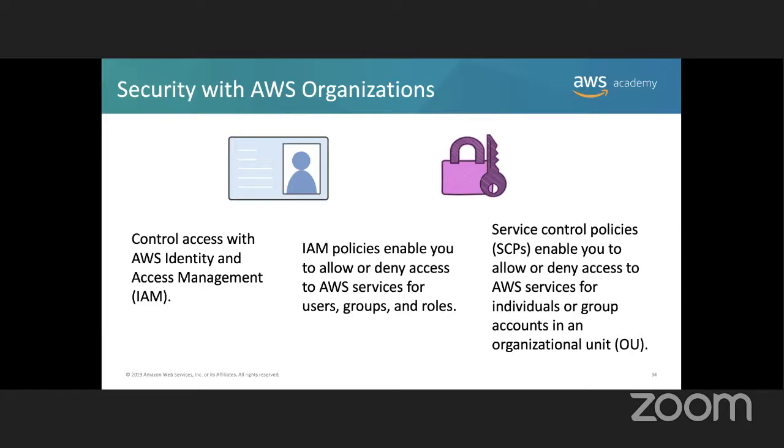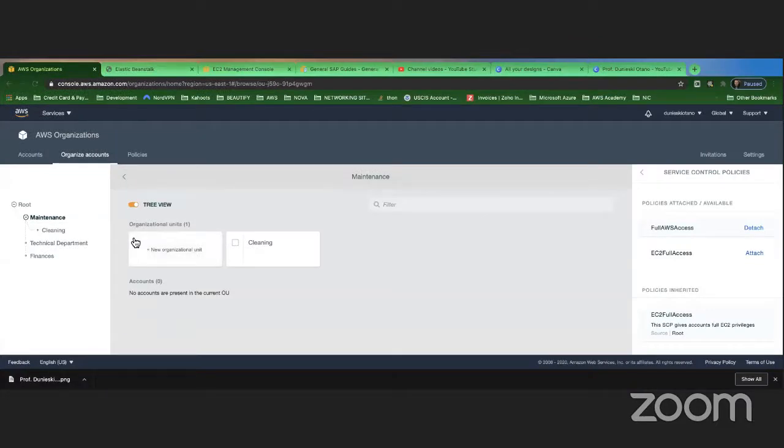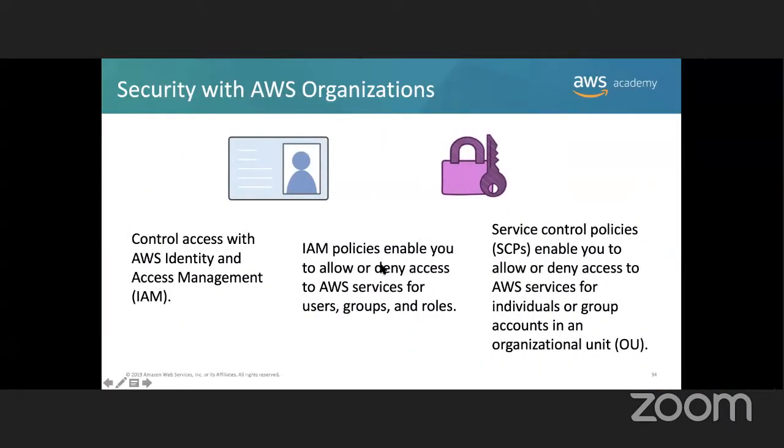In my organization here, I could easily leave my one here and not create the other ones. I still have an organization that has only one account, my account. So I can work using service control policies, or I can work at the level of the user, because the users are going to be inside the account, at the level of the groups and roles.